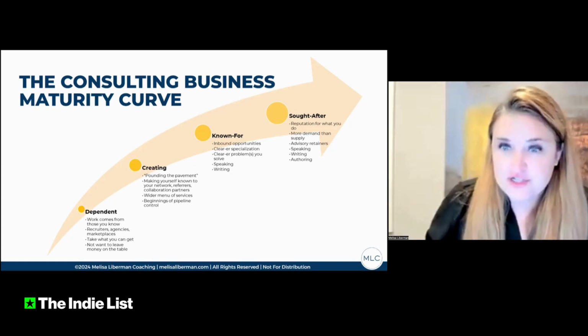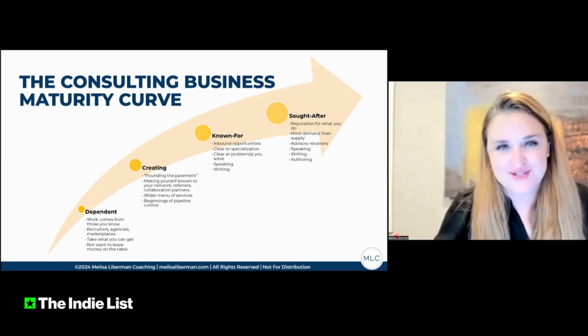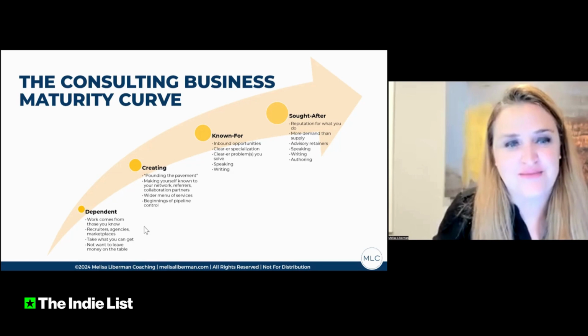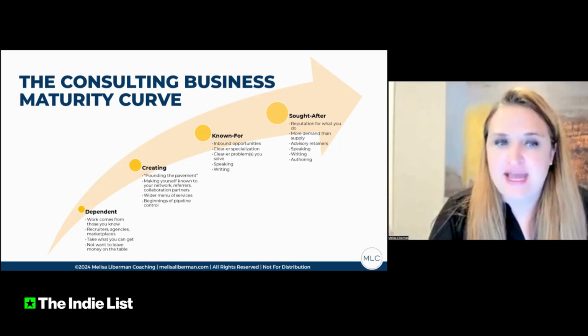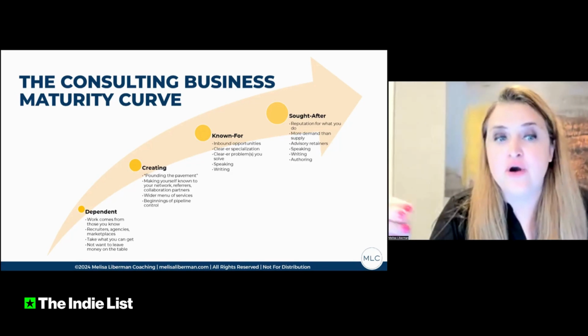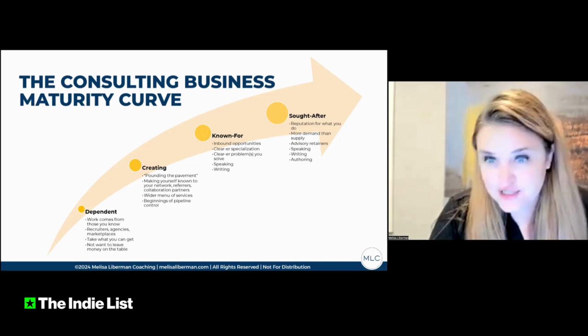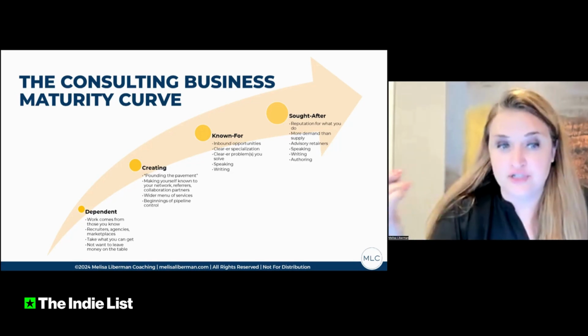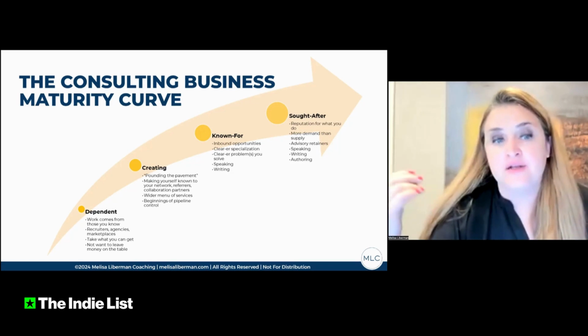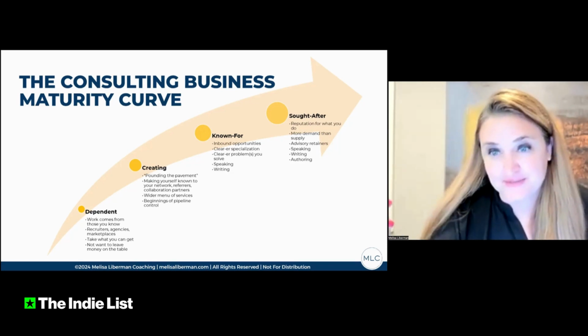So when we very first start out as independent consultants or freelancers or fractional marketeers, it's very common to be dependent on the work that comes from recruiters, agencies, marketplaces, and you're just taking what you can get, not wanting to leave money on the table.